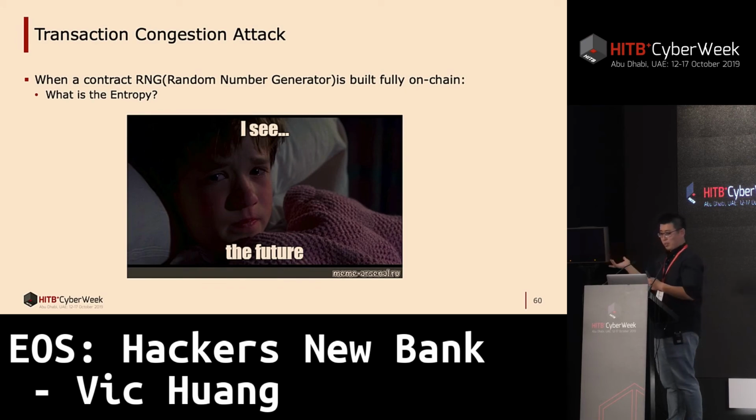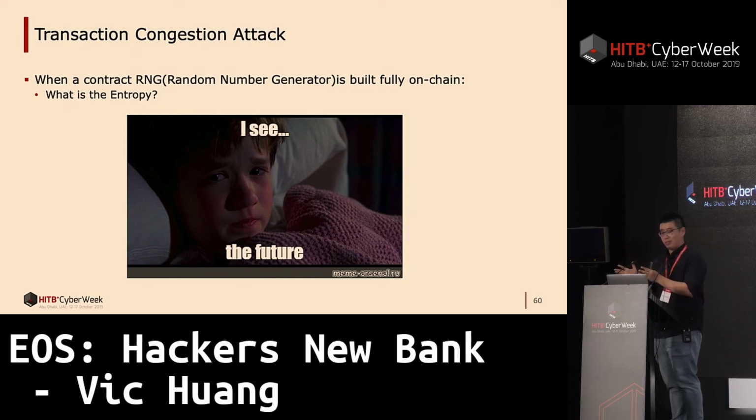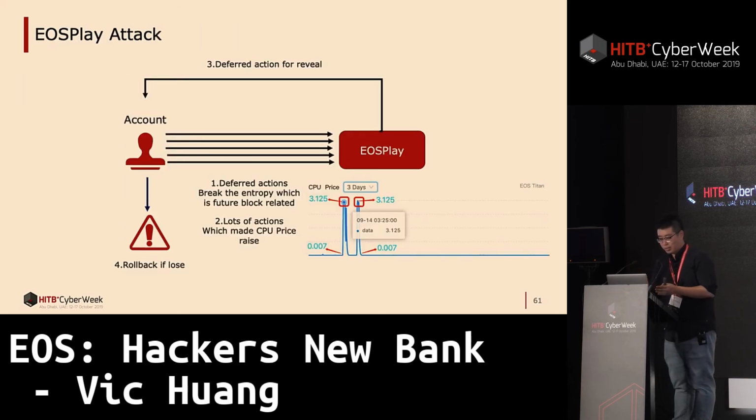So it seems the transaction congestion attack is just some kind of DoS attack, but actually it works on some gambling games, because some of the gambling games generate their random numbers using entropy from information on the block, like block numbers. But actually that kind of information you can control. And how to control?